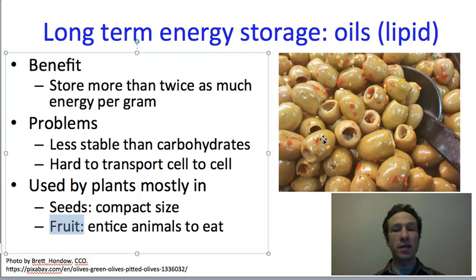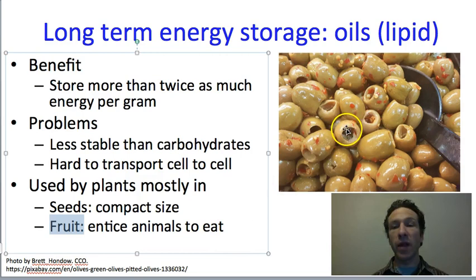In these cases, the plant is not storing energy in the fruits so the plant can use it at a later time. Instead, it is storing energy in the fruits to entice an animal to eat that fruit. Animals like high-calorie snacks, so by storing their energy in lipid form, it creates a better meal, and perhaps animals will be more likely to eat it.